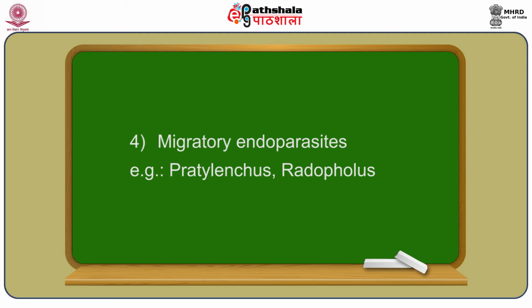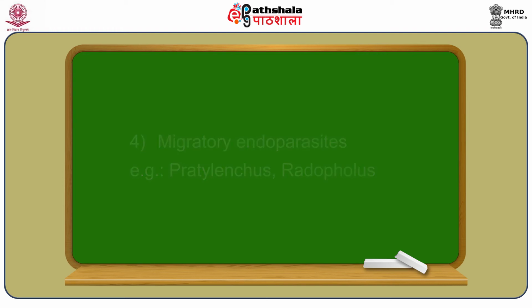Every life stage of Pratylenchus species can enter or leave the root. They mainly feed on cortical cells. Many cells are killed during their intracellular migration, and this makes the plant susceptible to invasion by other organisms.